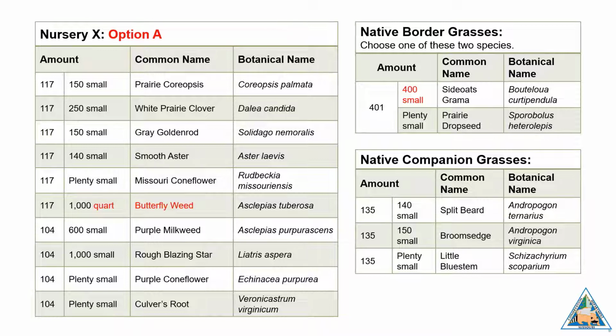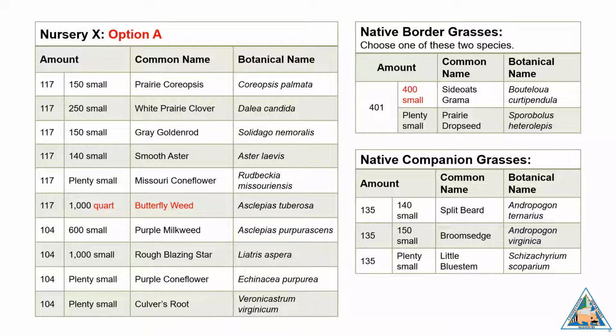You might notice that butterfly weed is indicated here in red, that's because this particular nursery was not able to provide enough small pots when I needed them, but they would be able to provide this particular plant in quart-size pots.